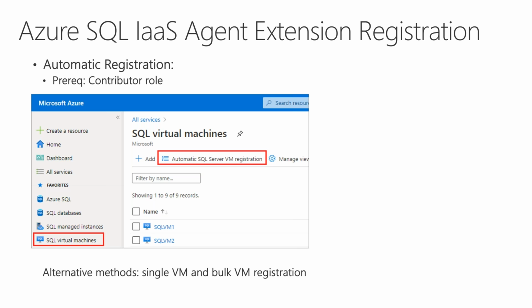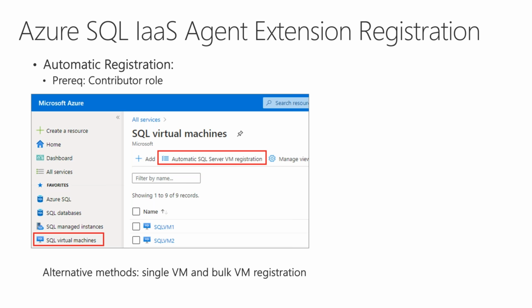So pretty straightforward. There are alternative methods where you can do this on a single VM basis or do a bulk VM registration, kind of like identifying multiples at the same time. It's just a one-time thing, but obviously automatic registration is going to do a lot of that legwork for you and ensure that you are capturing all of that across your environment.